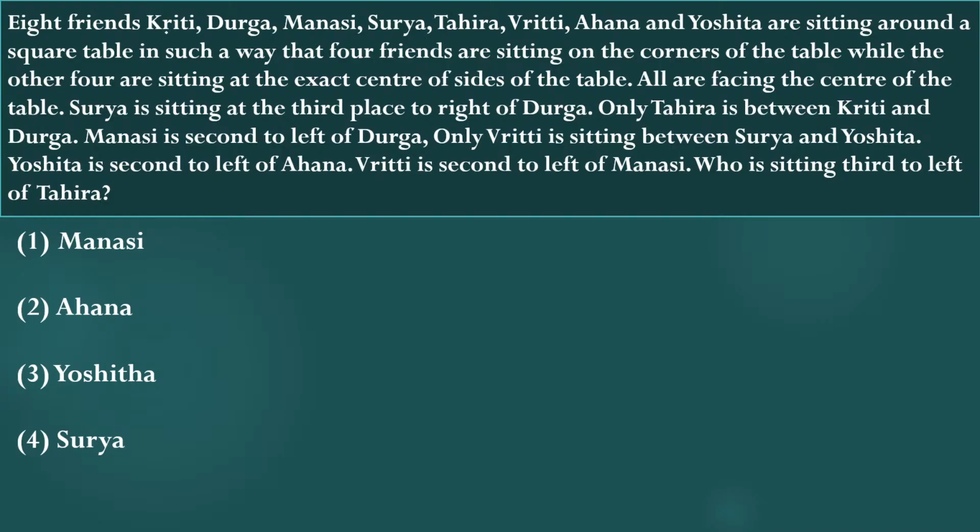Eight friends, Kirti, Durga, Manasi, Surya, Tahira, Vriti, Ahana, Yoshita are sitting around a square table, in such a way that 4 friends are sitting at the corners of the table while the other 4 are sitting at the exact center of the sides of the table.